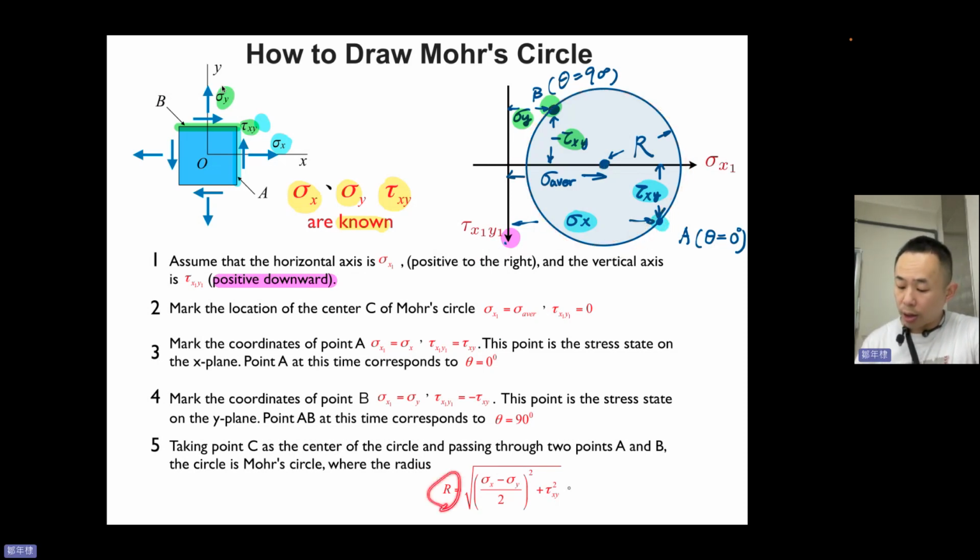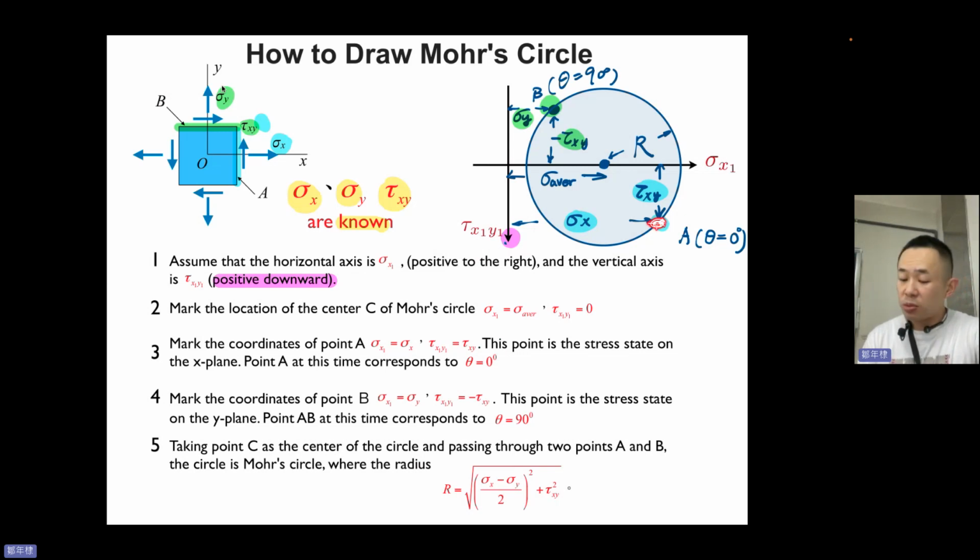Then you have R. R is the square root of the difference divided by 2, squared, plus tau xy squared. I know what that stands for, because this is the hypotenuse of a right triangle, a 90-degree triangle.